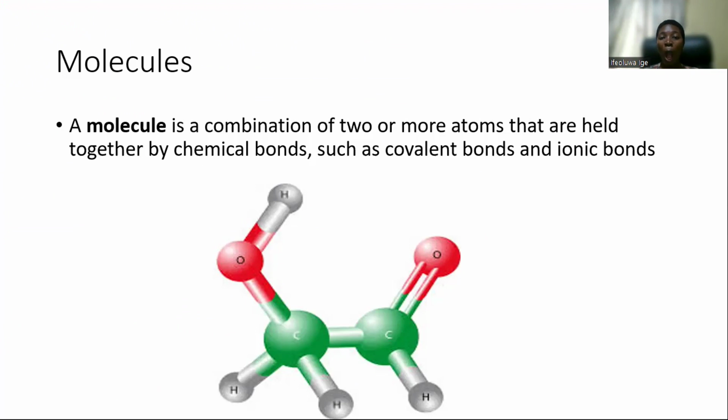There are so many types of bonds. But what is important for us to note is that a molecule is the combination of two or more atoms. Atoms come together to form molecules.